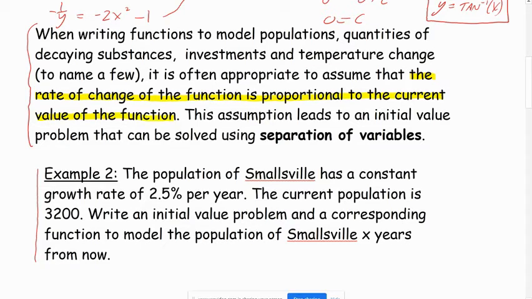For example, if you're thinking about money, exponential growth, the more money you have earning interest, the bigger your amount of interest is going to be. So your rate of change in terms of dollars per month would be bigger for a large bank account than it would be for a smaller bank account. So the amount of change that we see is proportional to the amount of money that was originally in the account.